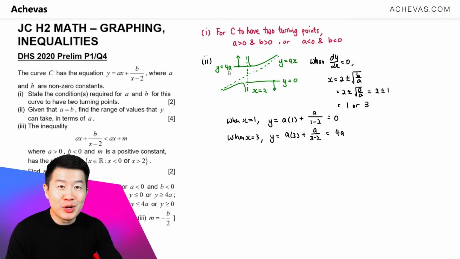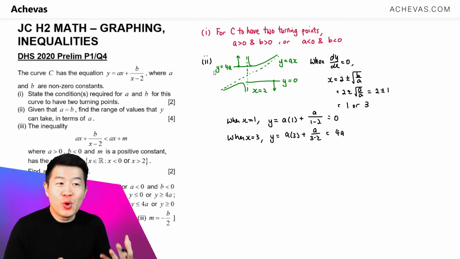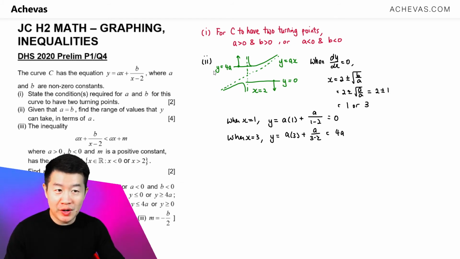But there is still one more catch, because a can be either positive or negative, which means that we need to code our answer based on two cases. That means we will have two possible ranges of values that y can take. The first is when a is a positive number. So let me just code it down here. If a is a positive number, then we will be expecting something like this.